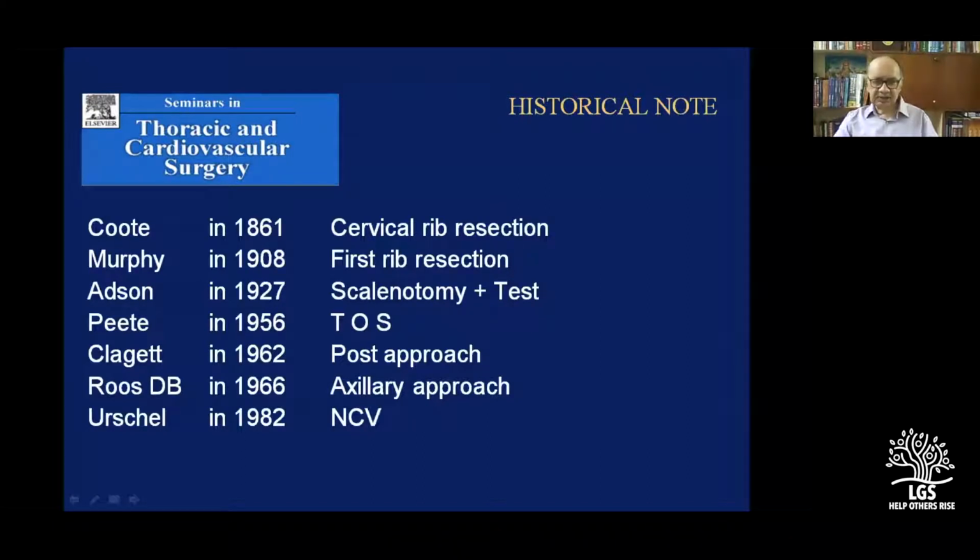Then Clagett in 1956 suggested a posterior approach, Roos' axillary approach was suggested in 1966, and Wurschel in 1982 suggested the use of nerve conduction velocity across the compression.